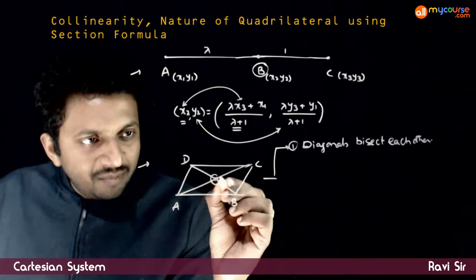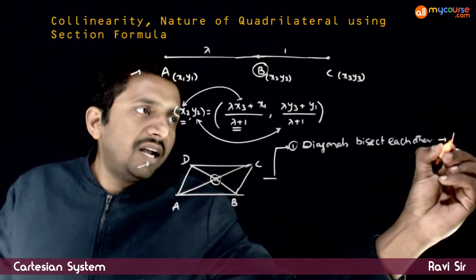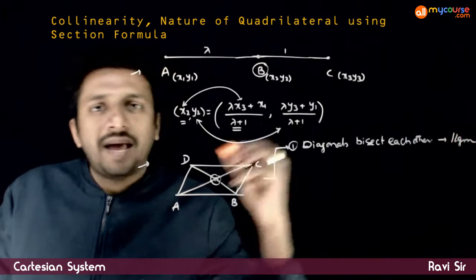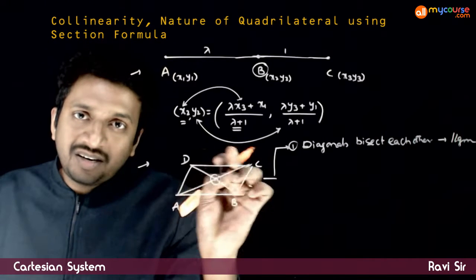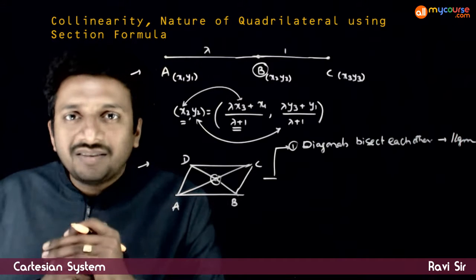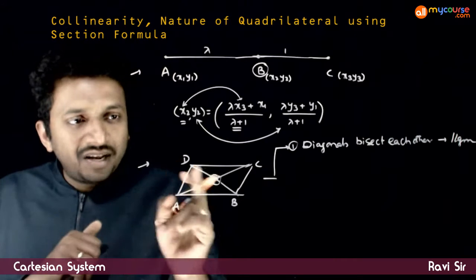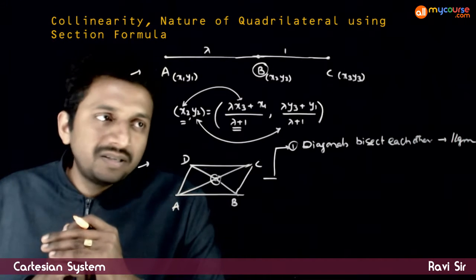If you get the same point, if diagonals bisect each other, then it will compulsorily be a parallelogram. You don't need to check anything else. If in a quadrilateral diagonals bisect each other, it certainly becomes a parallelogram.